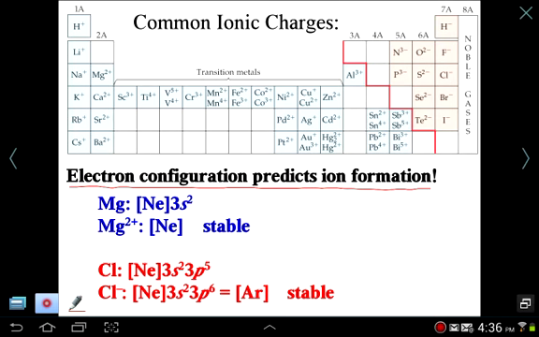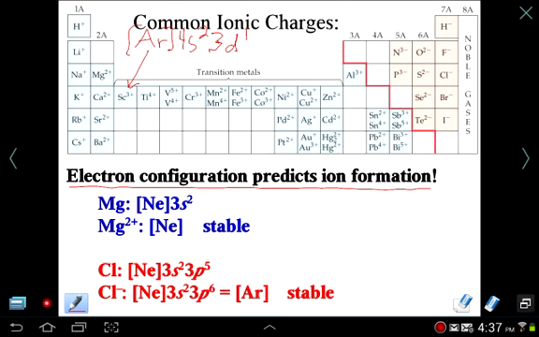And so likewise we can take a look at something like scandium here. Now scandium has a +3 charge, you'll notice. And to rationalize that, what we'll say is that scandium has the noble gas configuration of argon, and then we have 4s2 and 3d1.